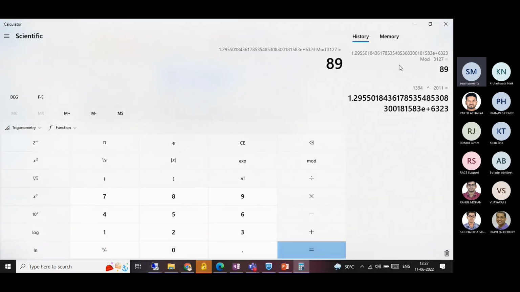We should have taken smaller numbers. 12 and 5 would have been better. Is my screen visible? Yeah. Great. Now we are getting the same number, 89, which is M. So M dash is M.